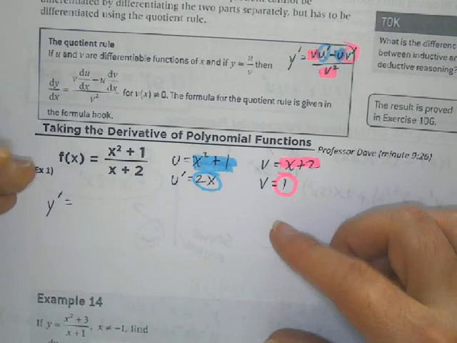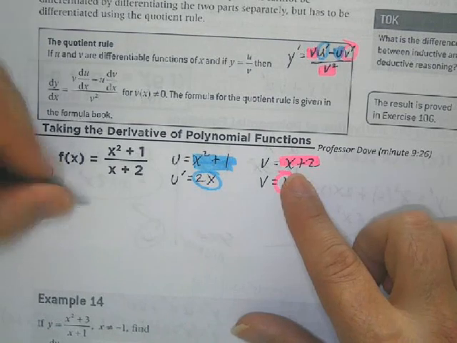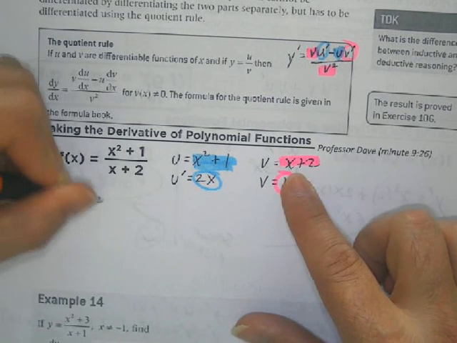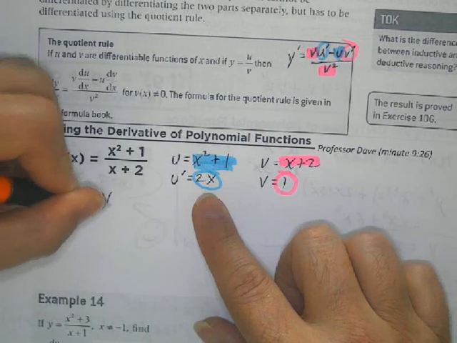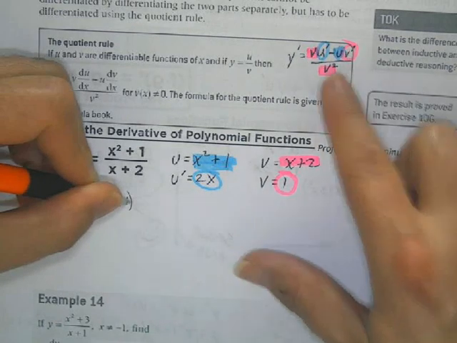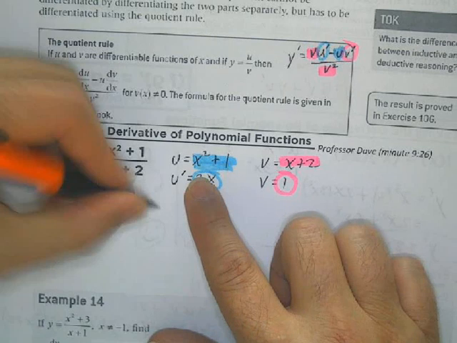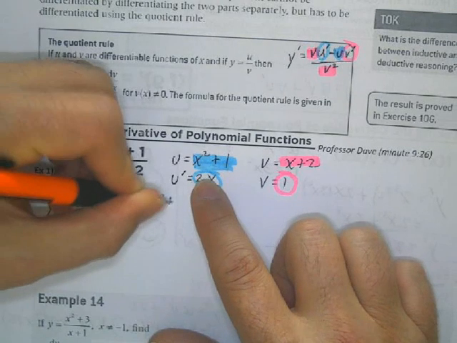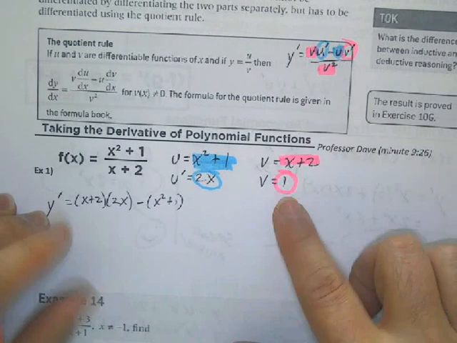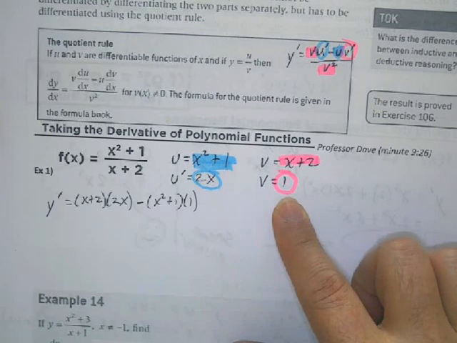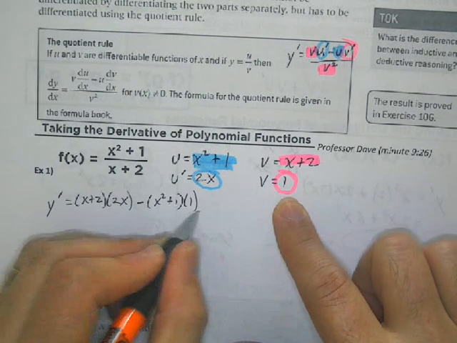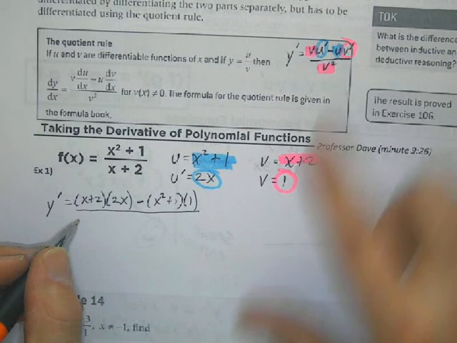Okay, so v times u prime. So x plus 2 times 2x minus u times v prime. So x squared plus 1 times v prime, which is 1. Okay, divided by v squared. Oh, I didn't put a little prime there.